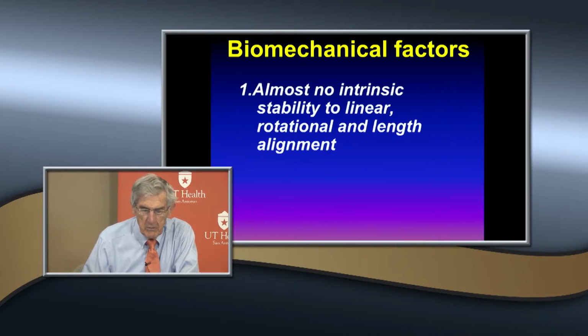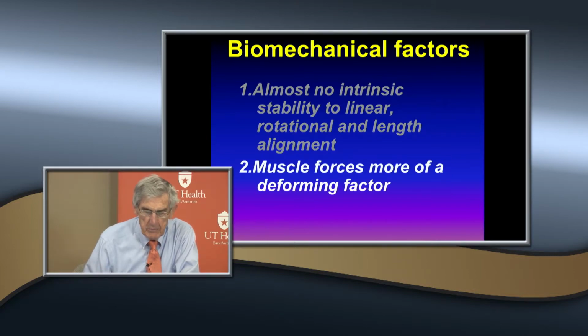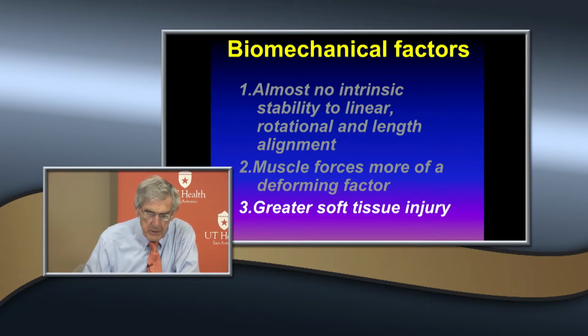There's almost no intrinsic stability to linear or rotational or length alignment. So if it's complete, you have a lot more problems to deal with. The muscle forces are more of a deforming force. They're causing shortening, and depending on where it is, they can cause angulation. And usually, because it has greater force, you have more soft tissue injury to deal with.